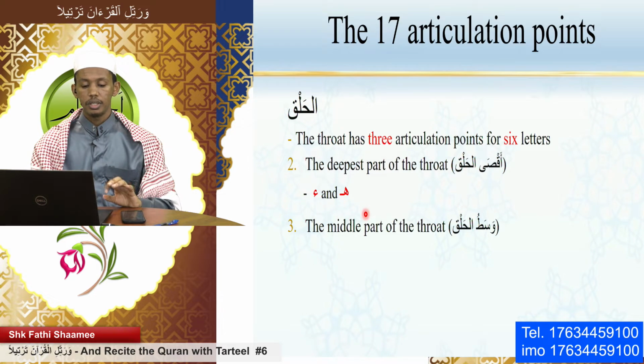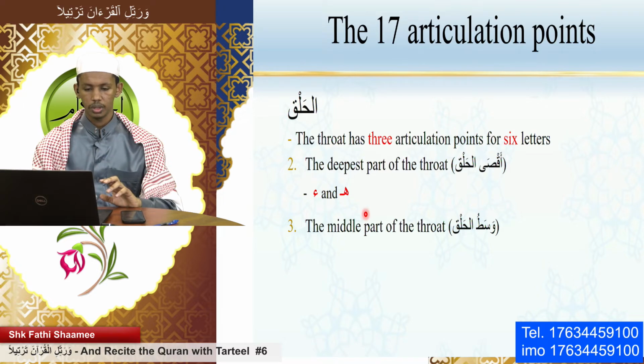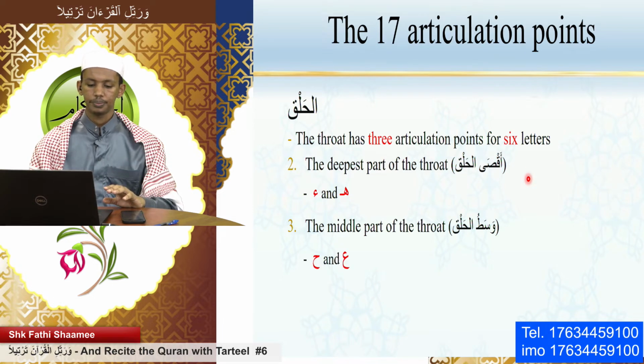And then the third, which is the second articulation point of the throat, is the middle part of the throat. Wasatul khalq also has 2 letters. So we said there are 3 articulation points for the throat, and each of them have 2 letters for a total of 6.